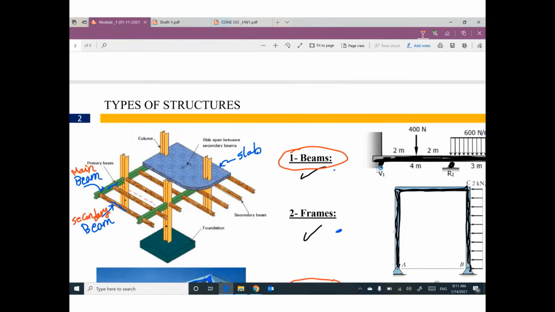The green beam is supported by this column and this column. And then the vertical column is supported by this foundation or this footing.